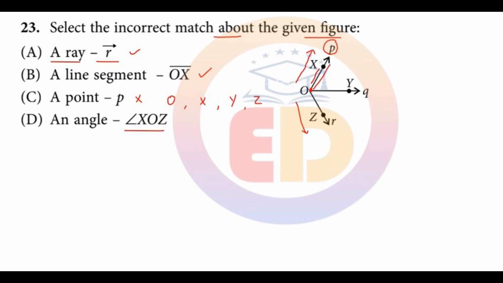This is the angle they are talking about. Yes, it is an angle. And this part will be the angle, the amount of rotation, or the figure formed by two rays having a common point. So option D is also correct. Answer will be option number C.